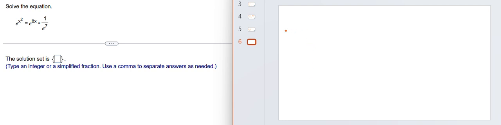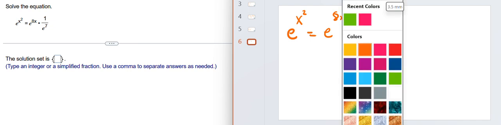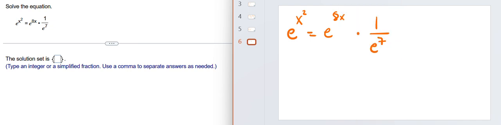And our problem says e to the x squared equals e to the 8x times 1 over e to the 7. First thing I am going to do is put that e from the denominator to the numerator because I need them all to be in the numerator.